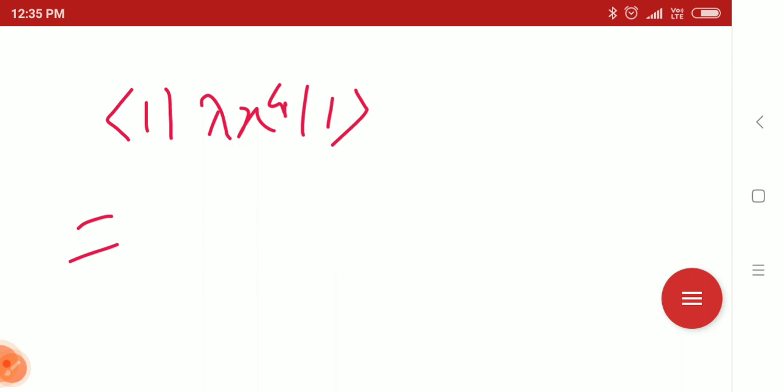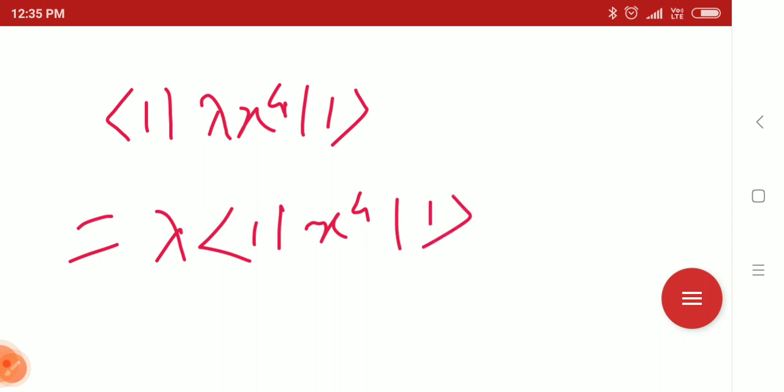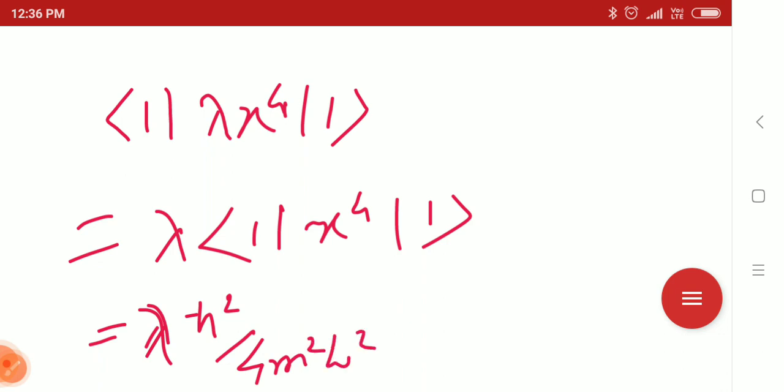Now we use that formula: lambda h cut square by 4 m square omega square times (6n square plus 6n plus 3).